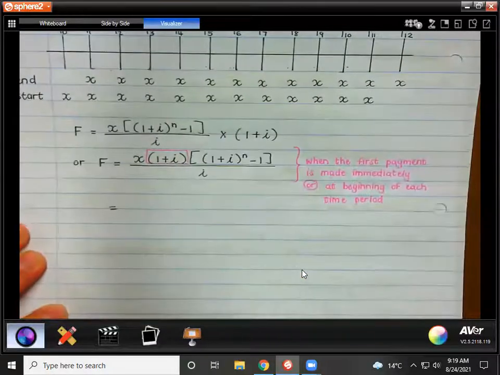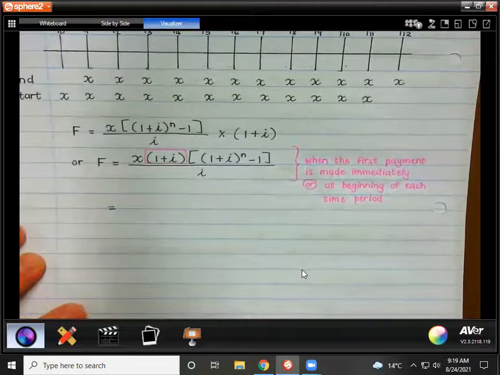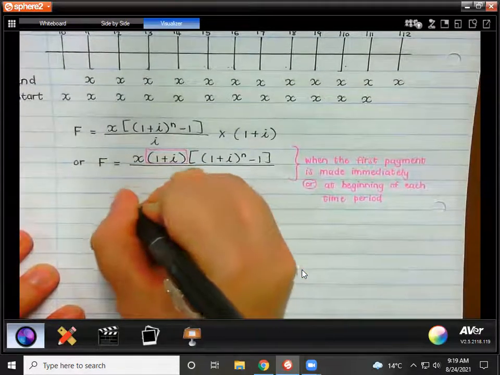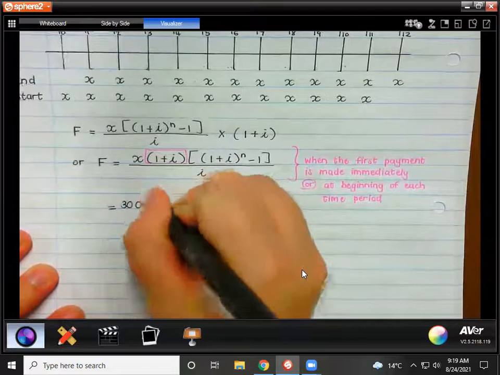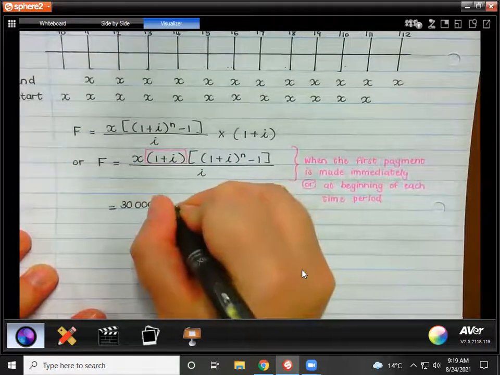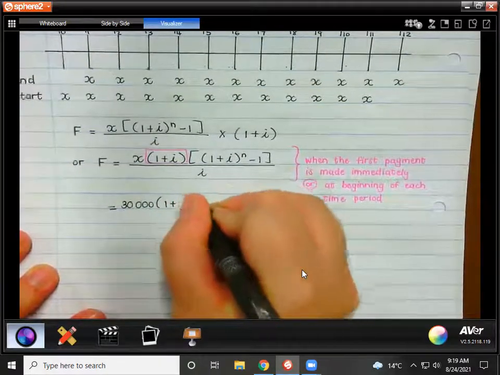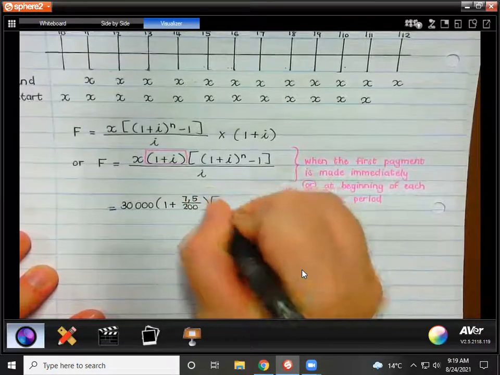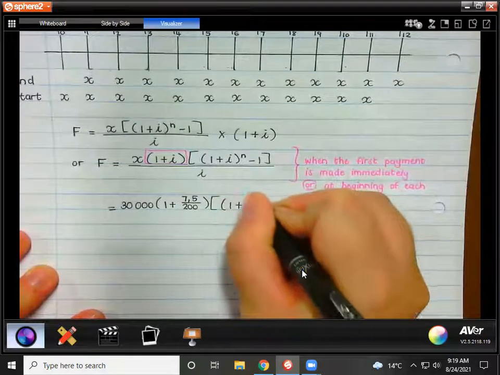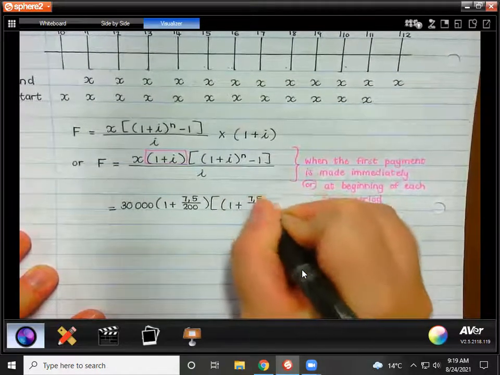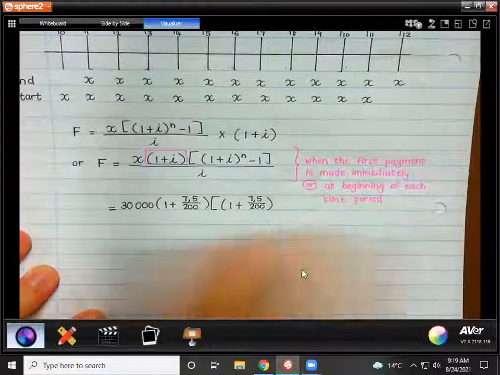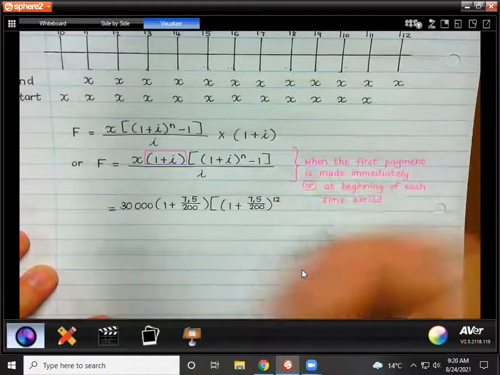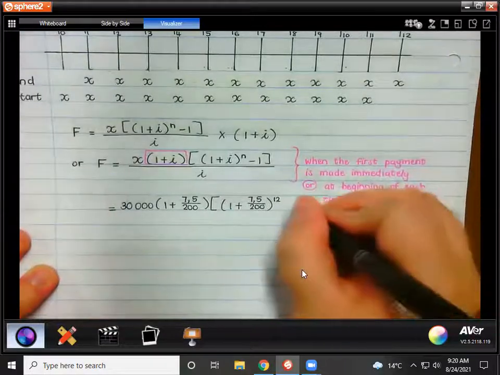Okay, so we are quickly going to work this out. We're going to calculate the actual answer here. So X was 30,000. But now we need to put one interest bracket there first. So 1 plus 7.5 over 200. And then we use our formula as usual. N here is going to be 12 because it's 6 years times twice a year.